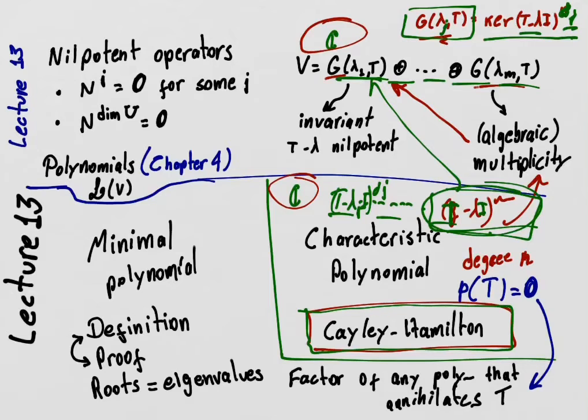But we know much more. Not only is it a factor, but it also has the same roots. So basically the only difference between minimal polynomial and characteristic polynomial is in these exponents here. Of course, we are talking now only about when the field is the field of complex numbers.